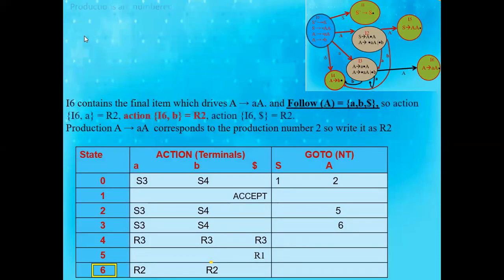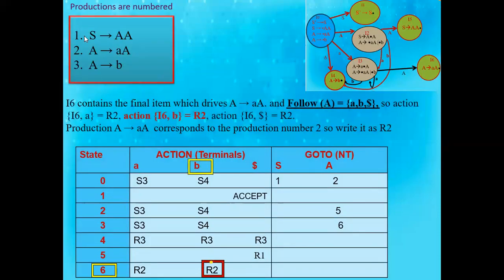At the next step, I write R2 at the location b, 6b, again R2 is written here. Next, we have the dollar symbol. Because follow of A contains all 3 symbols, that is a, b, and dollar symbol, right? So here we have to specify R2 in every column, in the action part only. That is R2, R2 here, again here also R2.